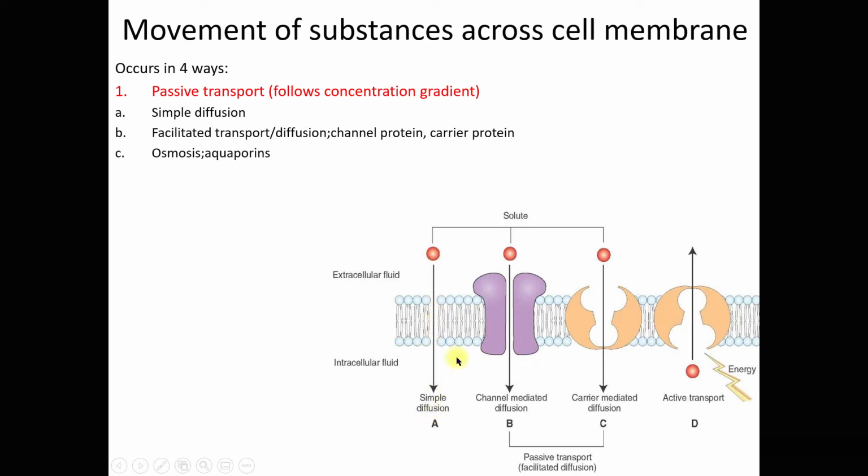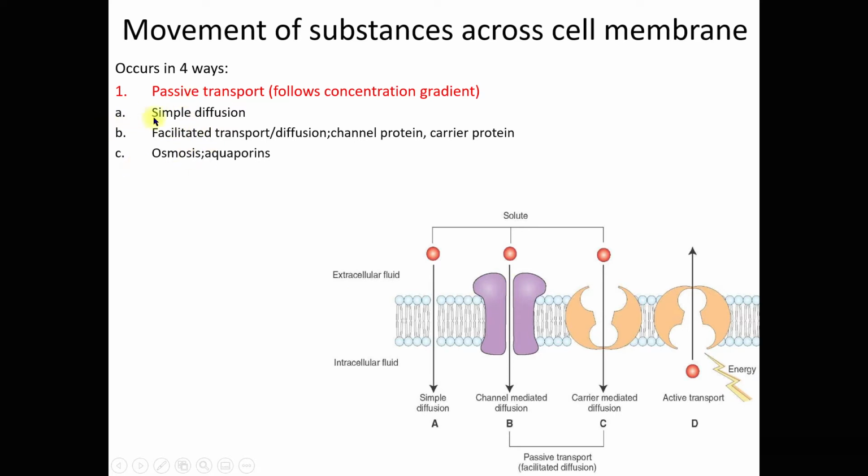Then we have facilitated transport, or facilitated diffusion, that involves channel protein or carrier protein. And then we have osmosis that involves aquaporins as well as a semi-permeable membrane. The aquaporins are here.